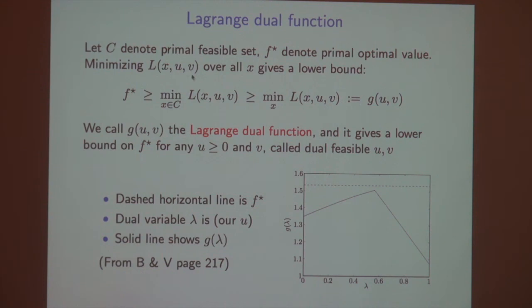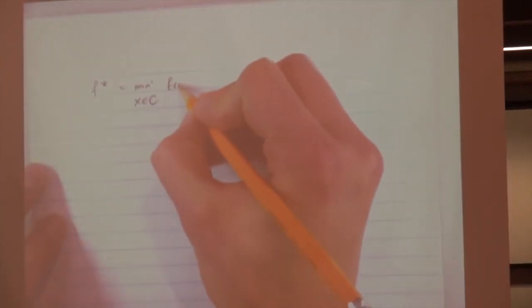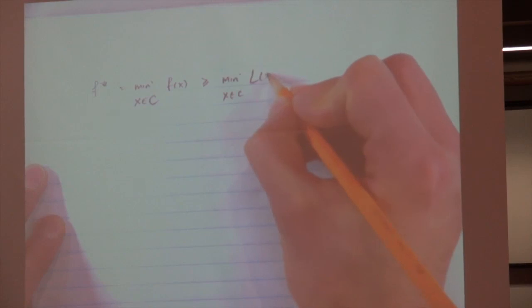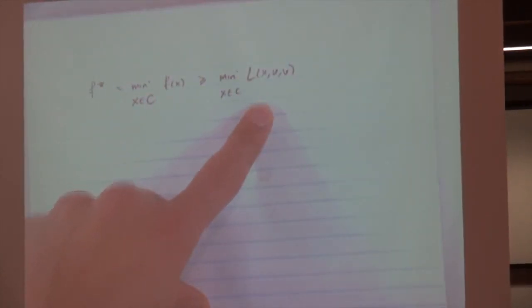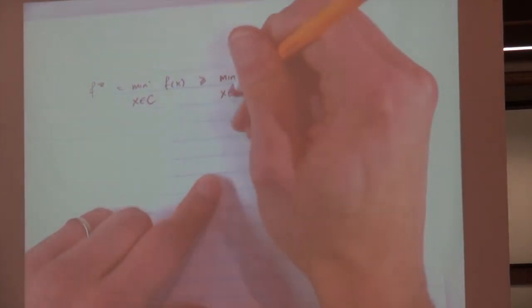And because f star was equal to the minimum over all feasible x, where we're denoting the feasible set by C, of f of x, and f of x was pointwise bigger than or equal to the Lagrangian. Right, this was true for every x, as long as u and v were valid dual variables, or what we're going to call feasible dual variables.